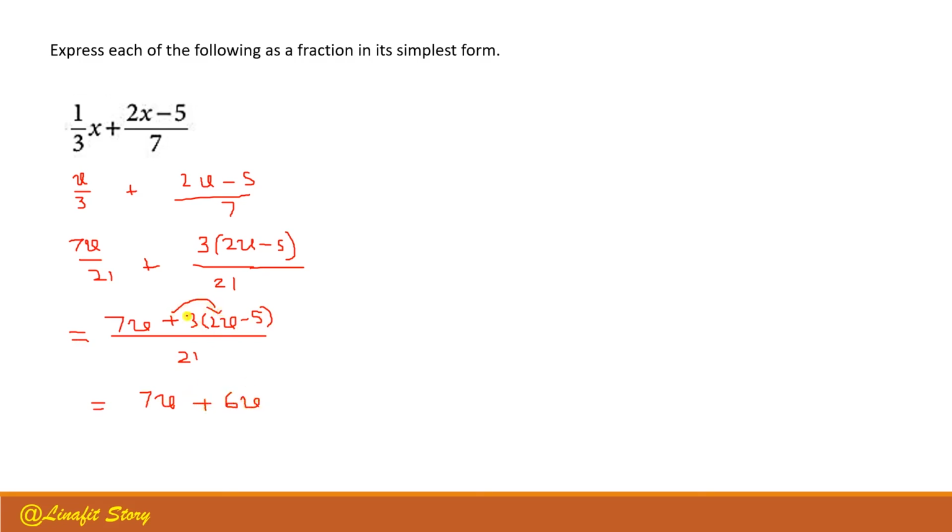Positive 3 times negative 5 is equal to negative 15. So 7x plus 6x minus 15 out of 21. 7x plus 6x is equal to 13x minus 15 out of 21.